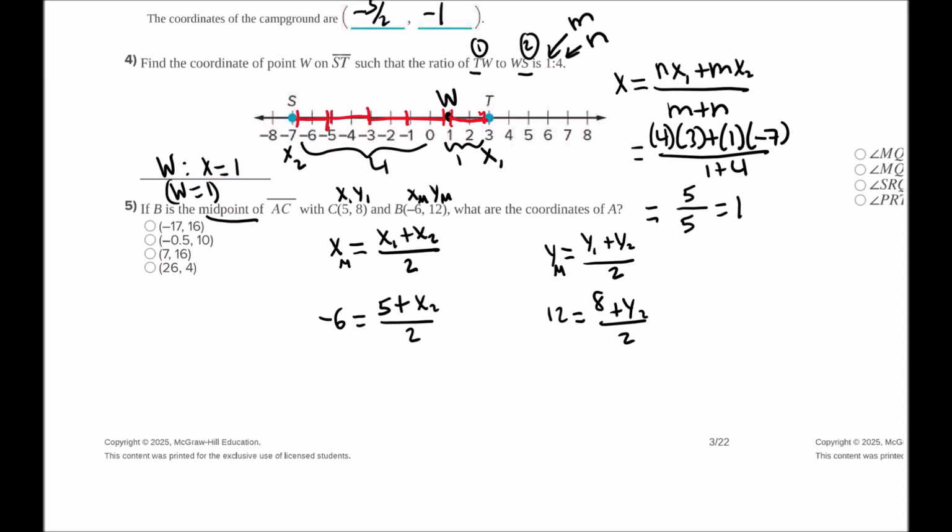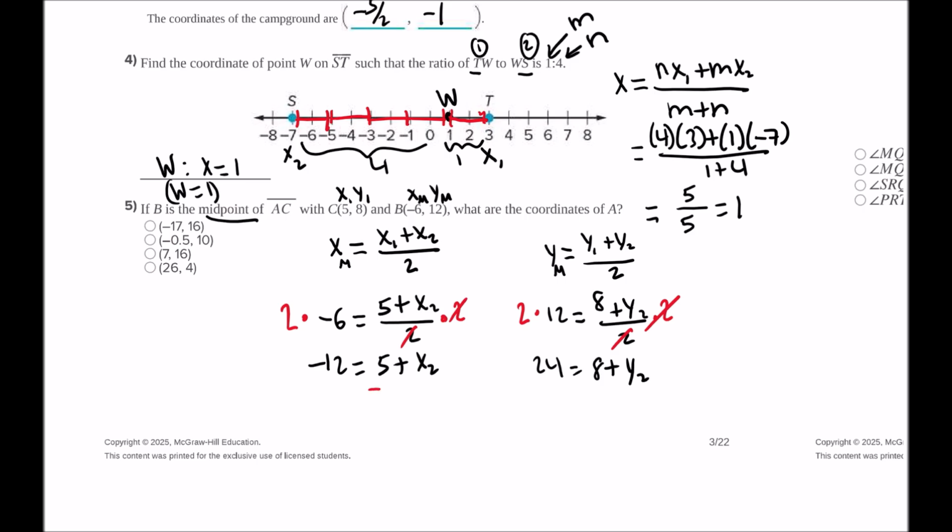So we're going to solve these equations individually. Remember, fraction bar means division, so we're dividing by 2. To get rid of division, we have to do multiplication, so we're going to multiply both sides by 2. Whatever we do on one side, make sure to do on the other side. So those cancel, and we have 2 times negative 6 is negative 12 equals 5 plus x2, and then 24 equals 8 plus y2.